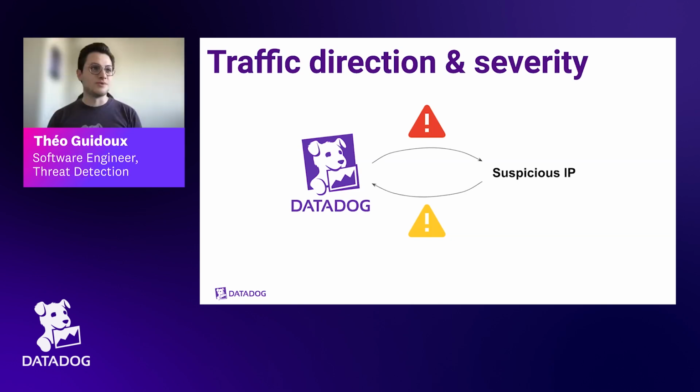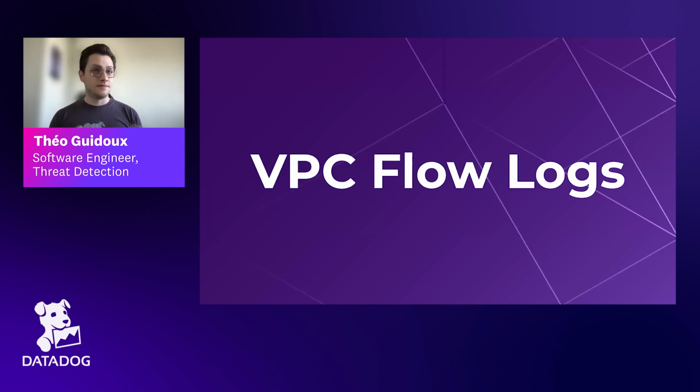Of course we will. And before that, we will speak about the VPC Flow Logs by itself, because we know what VPC logs are now and how they can help us detect suspicious IPs communicating with Datadog. But how do we set up a pipeline that can monitor that efficiently and, of course, alert us?